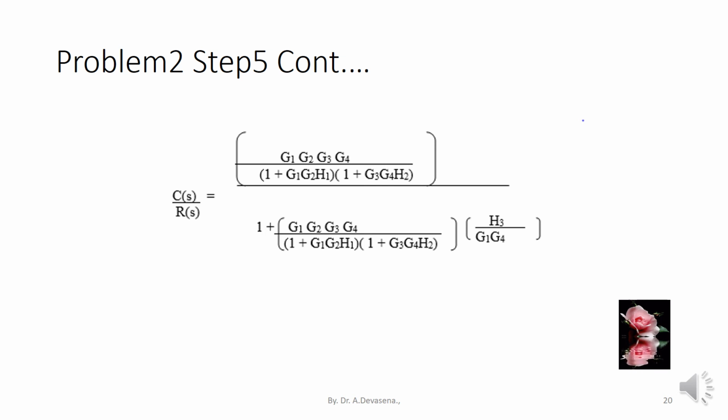We have to take the LCM and cancel the term 1 plus G1, G2, H1 into 1 plus G3, G4, H2, which is present both in the numerator as well as in the denominator. So we get C of s by R of s is equal to G1, G2, G3, G4 divided by open bracket 1 plus G1, G2, H1 close bracket open bracket 1 plus G3, G4, H2 plus G2, G3, H3.